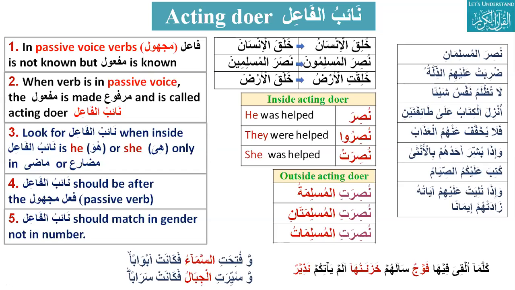The passive verb is tuliyat. What is the normal word for this tuliyat? Tala. Yes, tala. Tuliyat is feminine. And what about the naibul fa'il? The naibul fa'il is ayatuhu. Can you please translate this?